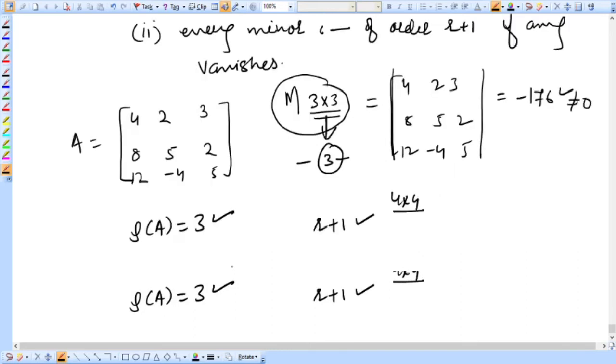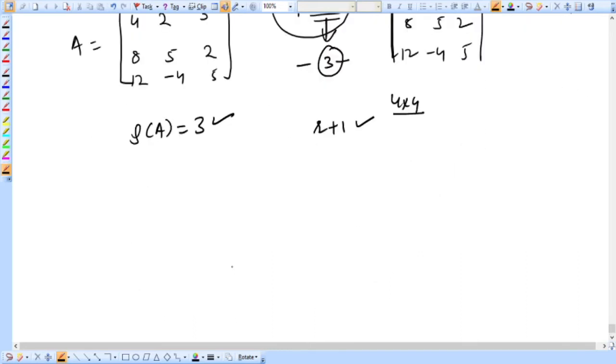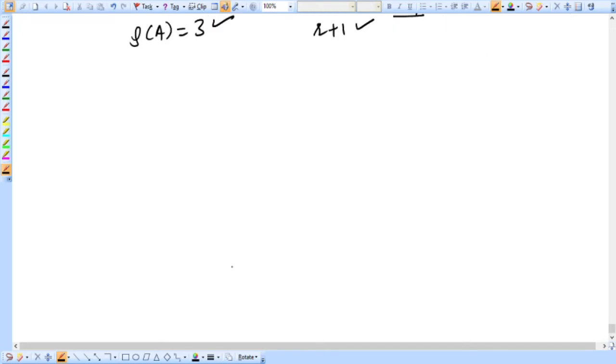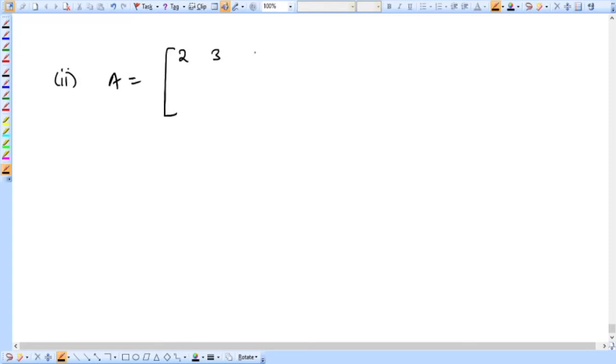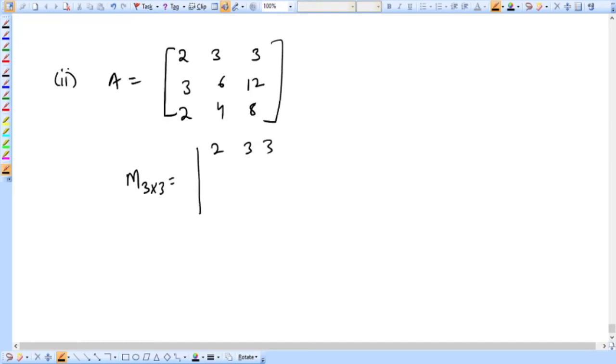Now you see one more example here. A is equal to 2 3 3, 3 6 12, 2 4 8. Okay, this is the matrix. Firstly, the minor of 3 by 3 is 1 only.